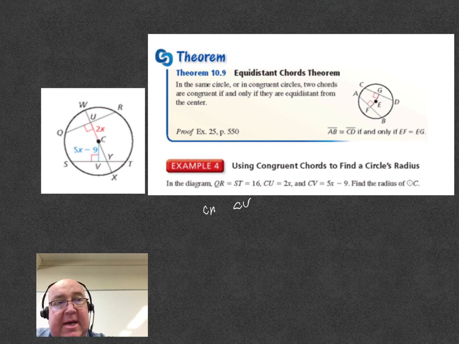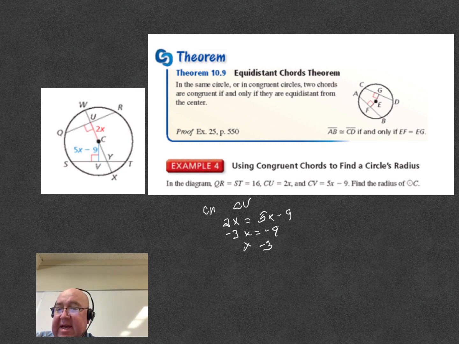And we know that 2x is equal to 5x minus 9. We get negative 3x is equal to negative 9. X is equal to 3. So the length of that is going to be 6 units. So we end up with a length of 6.